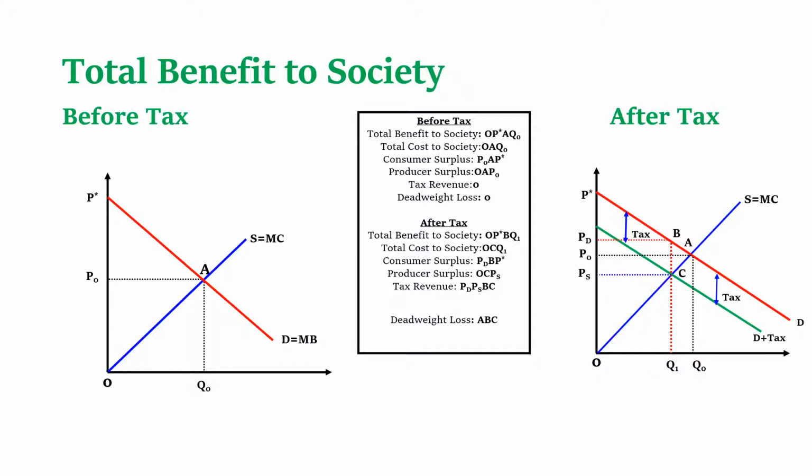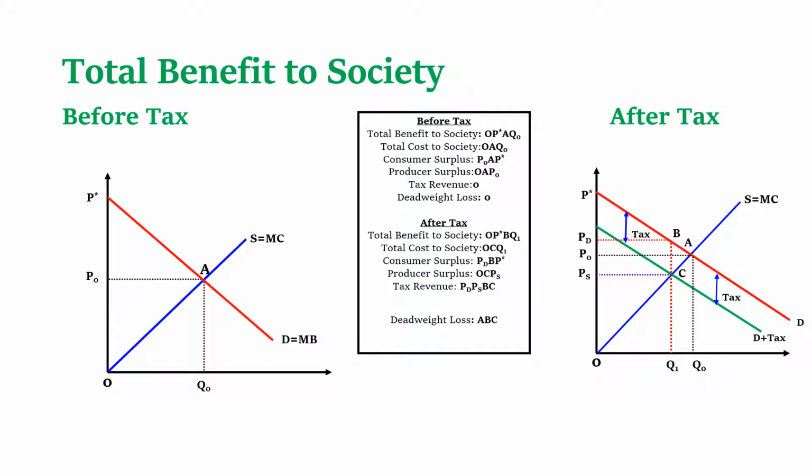So the burden of the tax will shift towards the side of the market that is more inelastic. If you are not able to run away from the tax, then you are going to pay the tax. If the supply is more inelastic, it means the producer is going to pay more of the tax.